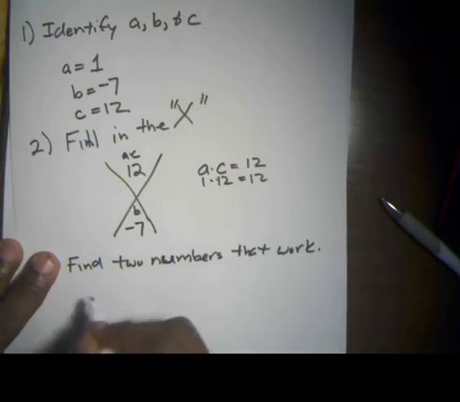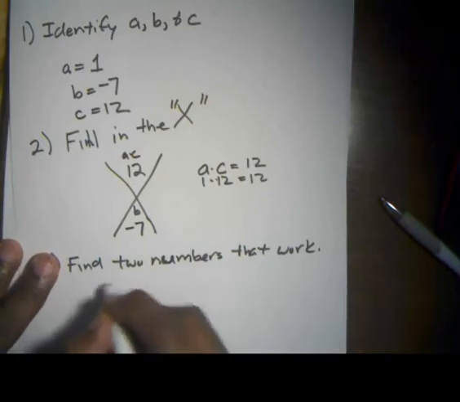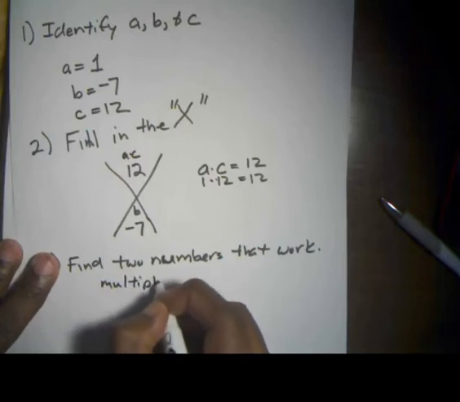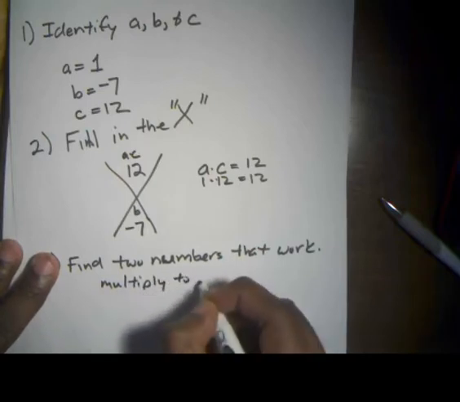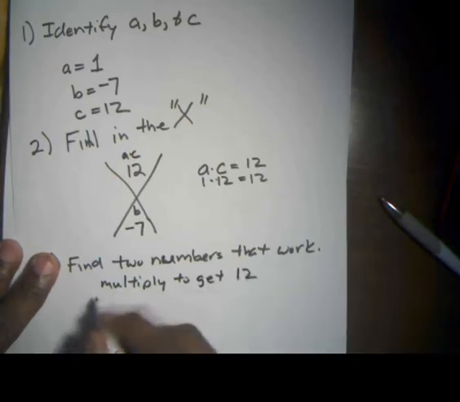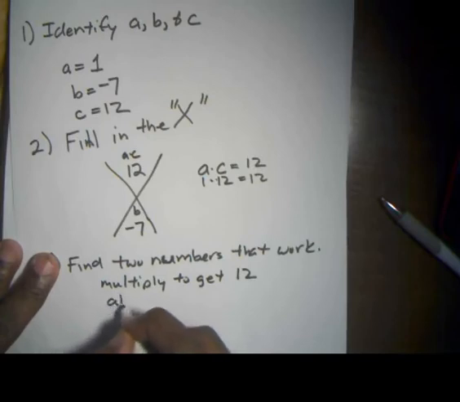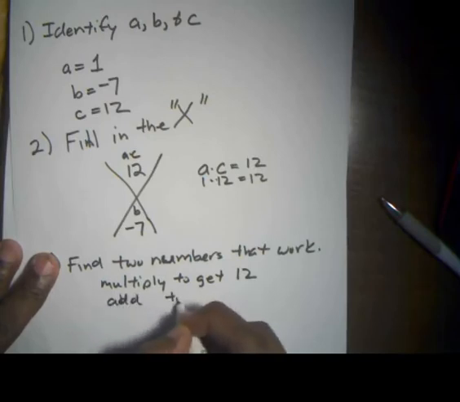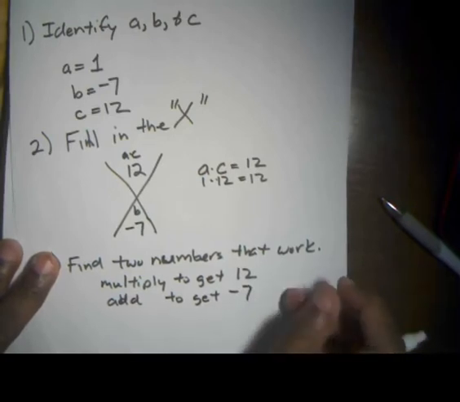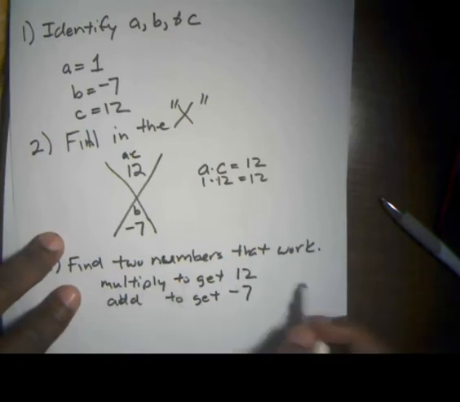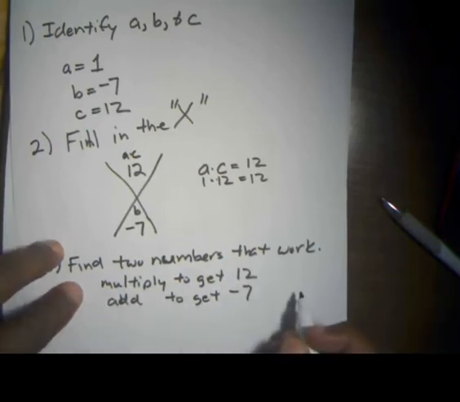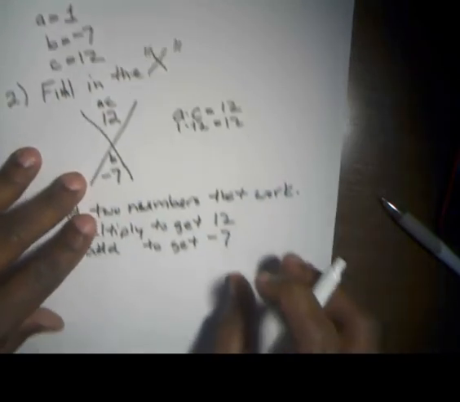Well, whatever these numbers are, they need to multiply to get 12, which is AC, and then they've got to add to get -7. So let's find all the numbers that multiply to get 12 and pick 2 of which ones add to give us -7. All right.